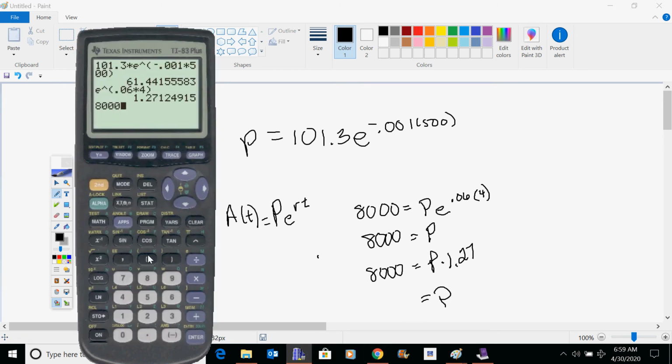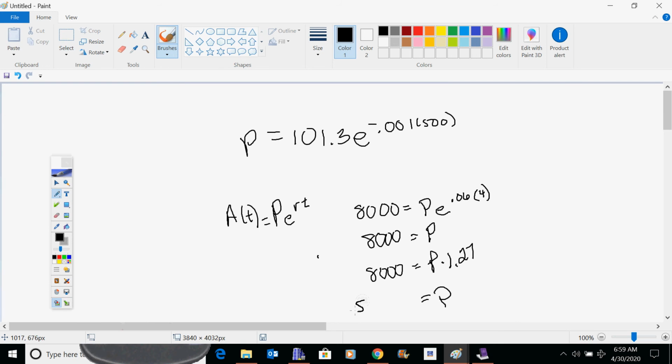So 8,000 divided by 1.27, and we get about $6,300. I did do a little rounding there, so about $6,300 to get that interest rate returned to you. Okay.